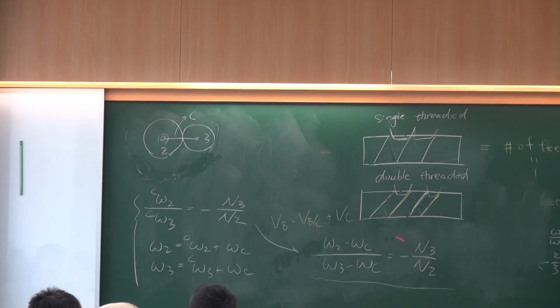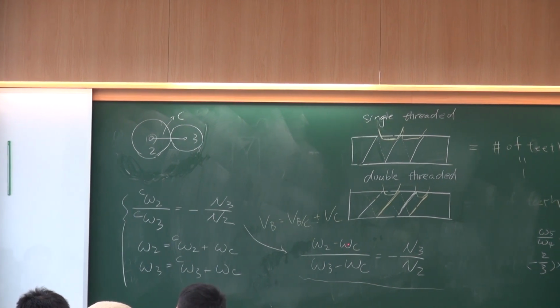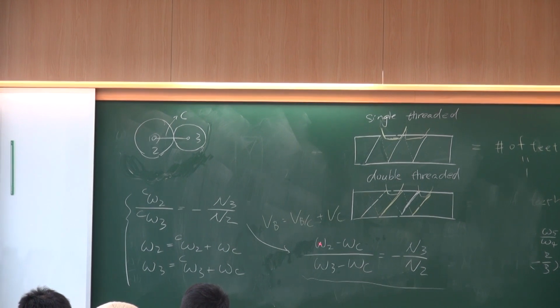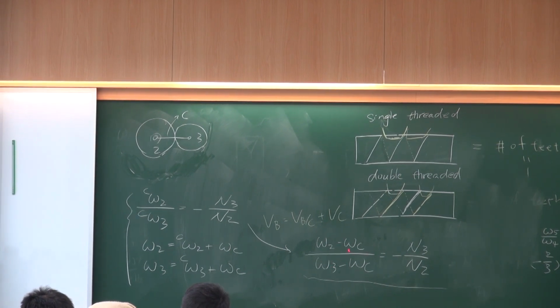That's why we say it's a 2 degree of freedom system. You need to determine any 2 of them. You either determine omega 2 and omega 3, then you can get omega c. Or you determine omega 2 and omega c, you get omega 3. You need to determine 2 inputs in order to get the output. Otherwise, it will just freely run by itself.